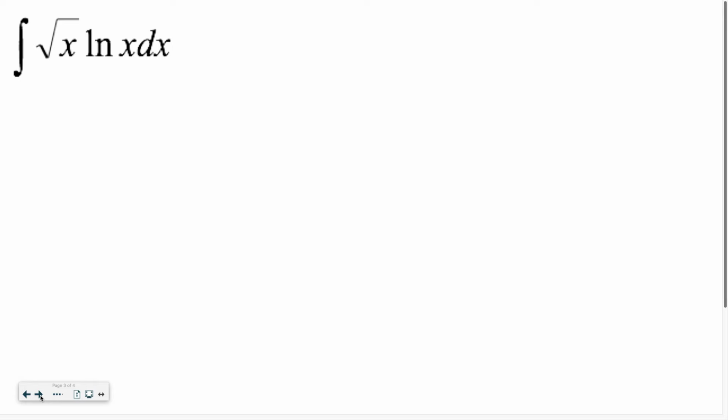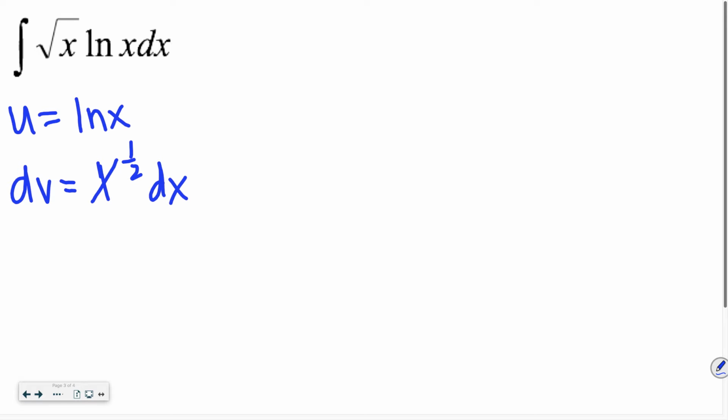Okay. So Hannah says we have that logarithm, which means we have to make it our u, correct? Okay. And so dv is x to the 1/2 dx. Okay. All right, so what does that make our du? 1 over x dx.